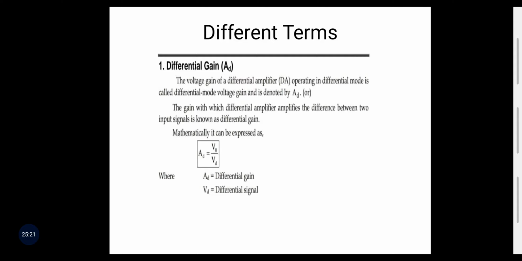The gain with which the differential amplifier amplifies the difference between two input signals is known as the differential gain. Differential gain AD equal to V0 by VD, that means output signal by differential input.